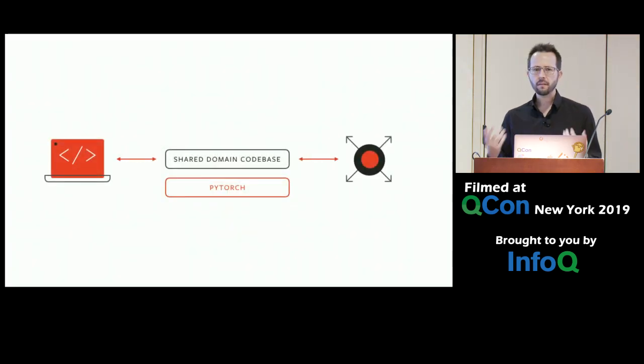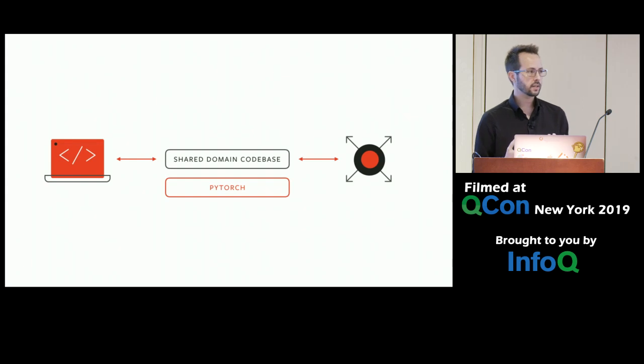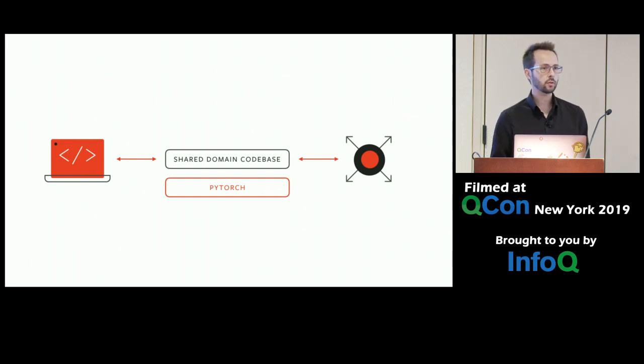Something that may not be obvious about seeing that at a code level is that this is a really powerful breakthrough for folks who have had to live in this research and production divide for a long time, which matches my personal experience and the experience of Facebook AI. That code that you just saw allows you to operate within a shared code base for a given domain on top of a common technology, so that a research team and a production team can be using the exact same tools and have a path from research to production.